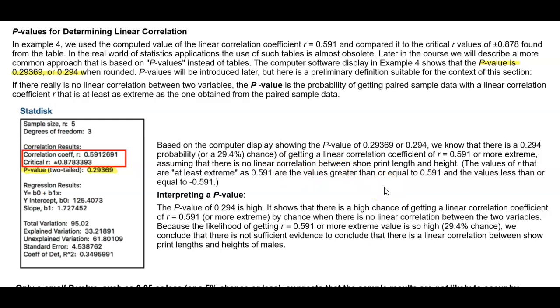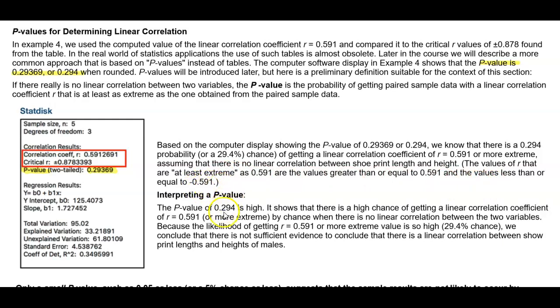The values of R that are at least as extreme as 0.591 are the values greater than or equal to 0.591 and the values less than or equal to negative 0.591.